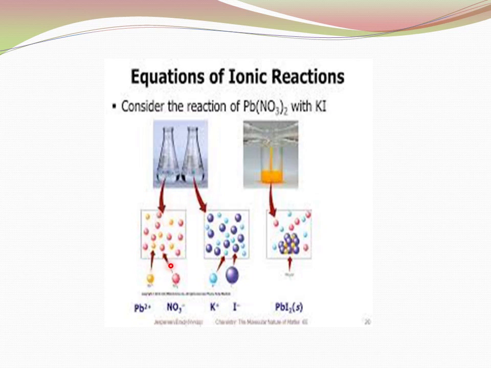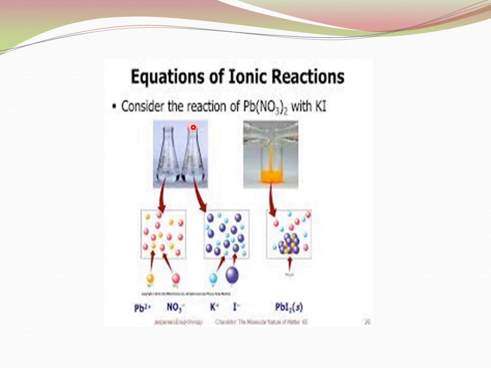So I have lead nitrate soluble in aqueous solution and potassium iodide also soluble in aqueous solution. Now I will react them. I will add lead nitrate into potassium iodide. So I will react lead nitrate with KI, two ionic compounds in aqueous solution.